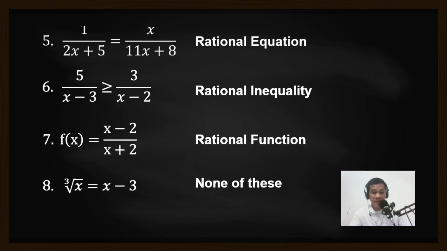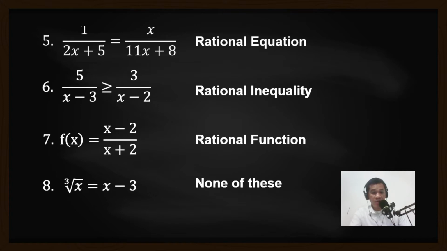So again, pag sinabi natin rational equation, there is the presence of the equal sign, and of course, there is one or more rational expression. And then, pag sinabi natin rational inequality, andun yung inequality symbol combined with the rational expression.